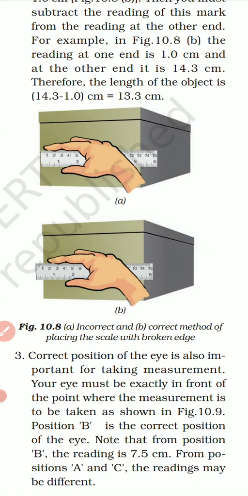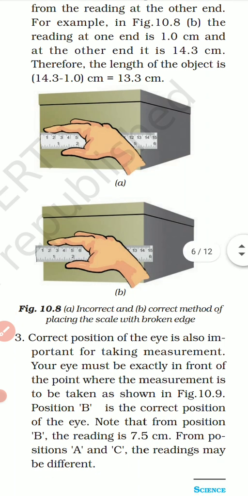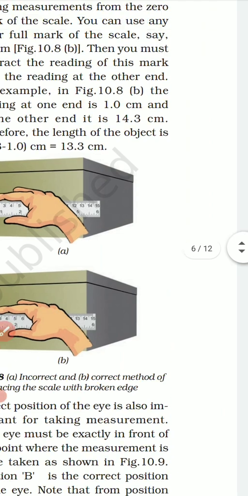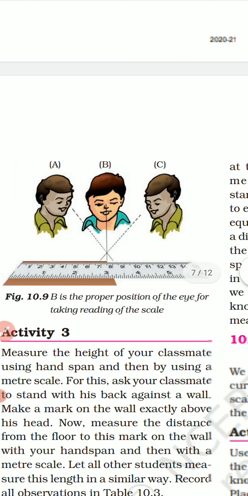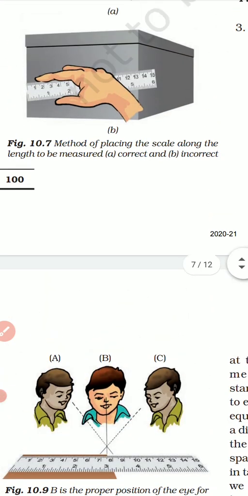This is the incorrect position. Okay. And the third point, I think it's here. You can see, if you're measuring from here, you can't keep yourself on the corners. You have to be in proper position of the scale.